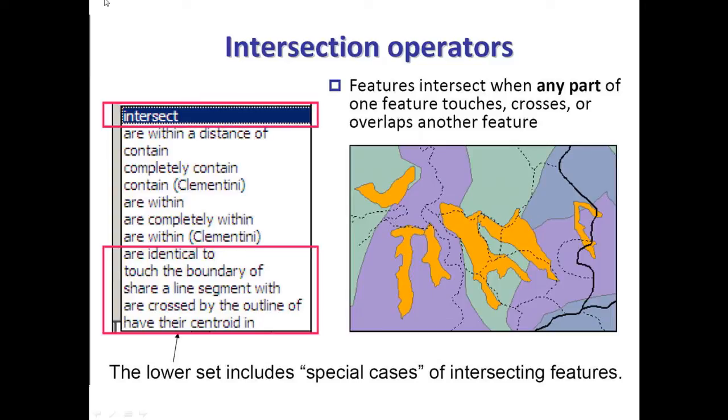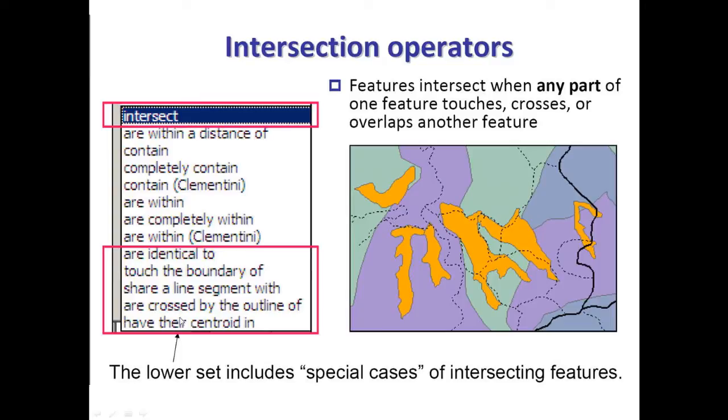So for our intersect operators, features are going to be included as intersecting when any part of one feature is going to cross another part of that feature. The way that we can kind of limit that query is with these separate types of spatial query operations we have down here, which are going to give you a smaller sample.